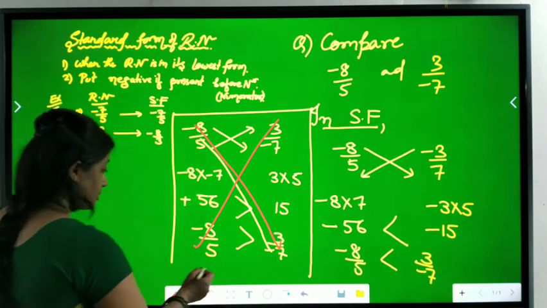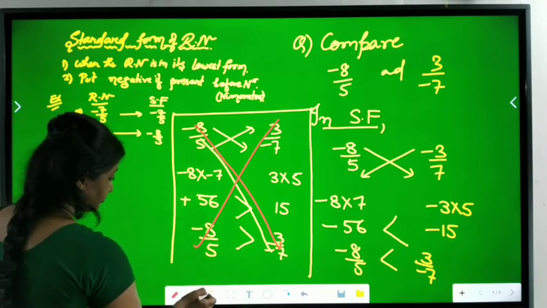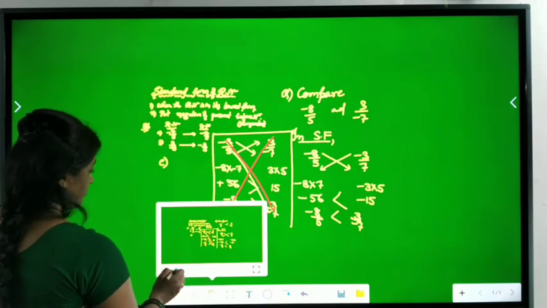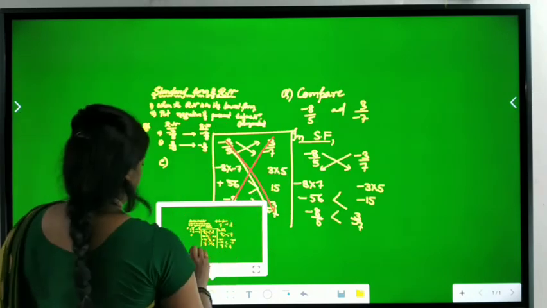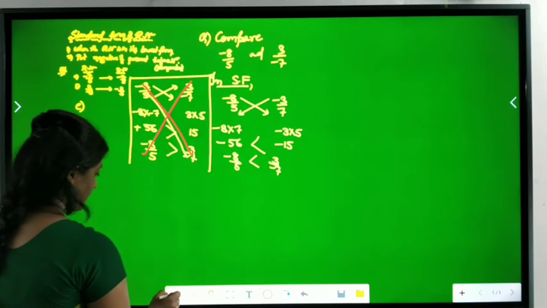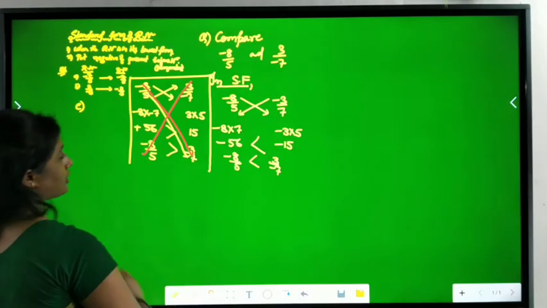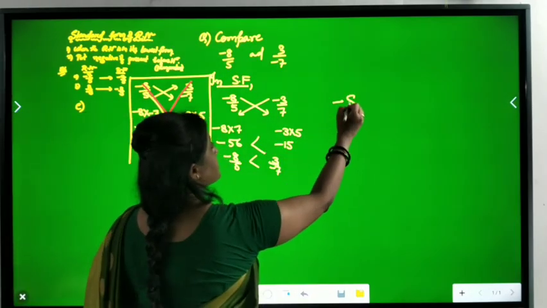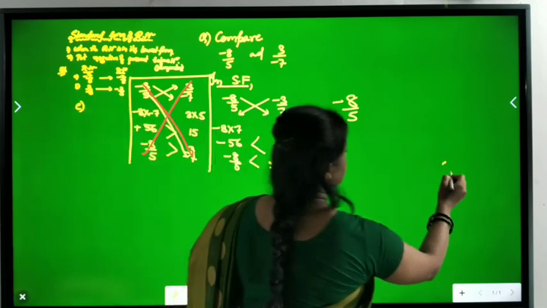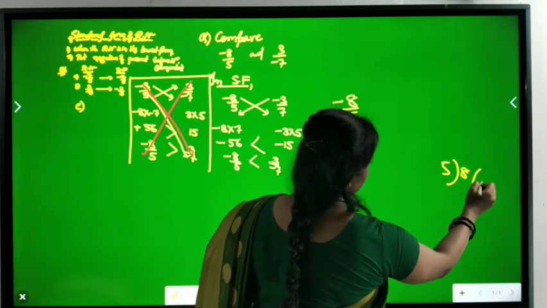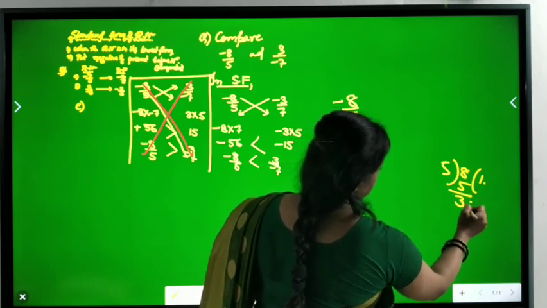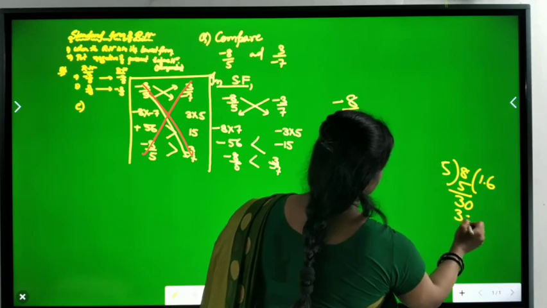Just look here. Once again, I will do it for you. If minus 8 by 5 is there, just change it into decimal. What will you get here? 5 1s are 5, this is 3, then point, then 0, 5 6s are 30.